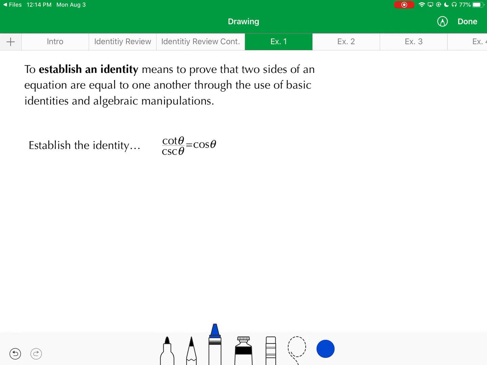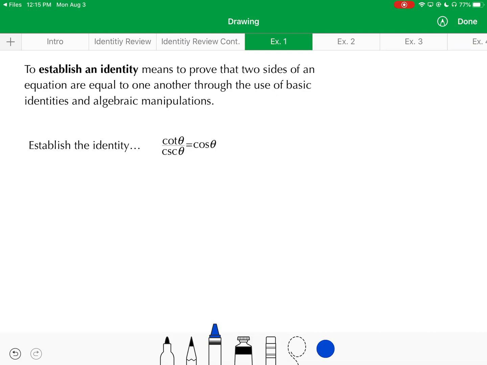So first identity I'd like to establish is that cotangent of theta divided by cosecant of the same angle theta is equivalent to cosine of theta, okay? And typically when I establish an identity, I usually try to start with the more complicated side of the equation and use my properties and my algebraic manipulations to simplify it down to look like the other side of the equation, okay?